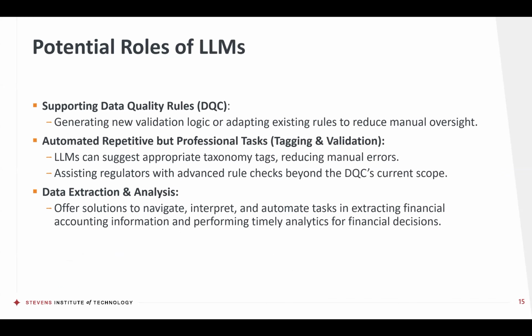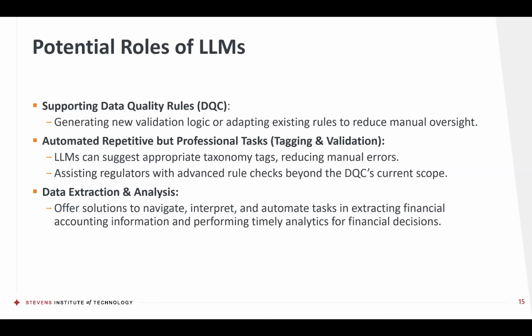Large language models have the potential to solve these problems. First, they can support DQC rules by creating or refining validation checks. Second, they can automate repetitive tasks like suggesting correct text based on report text, reducing human error. Third, LLMs can assist regulators by highlighting anomalies that exist beyond DQC's current scope.